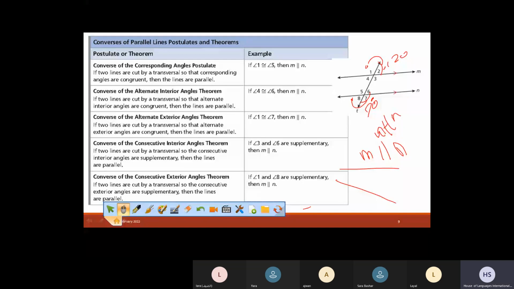As an example, if they are not 180, they are not parallel.